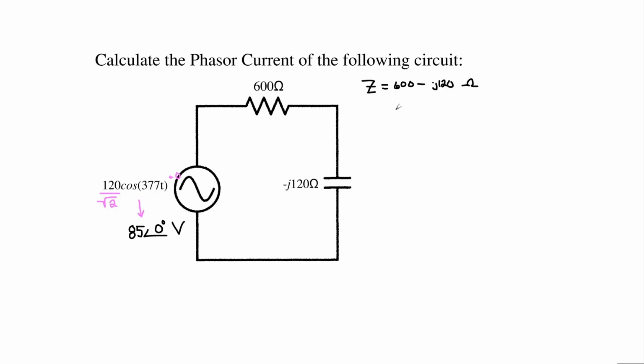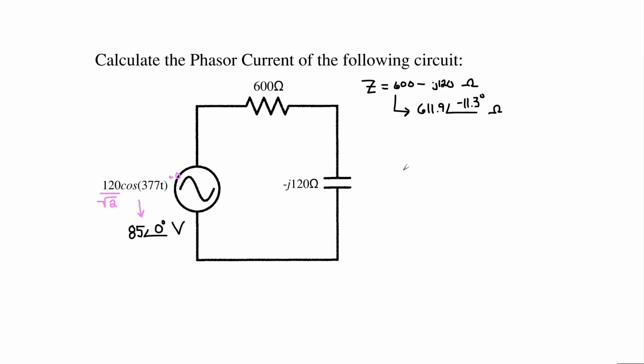Now, this is written in rectangular form. To convert to phasor form is as follows. The magnitude of 611.9 at an angle of negative 11.3 degrees.